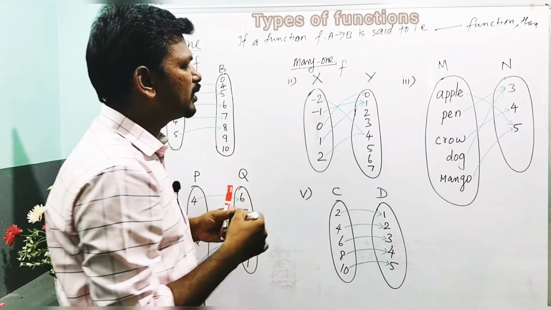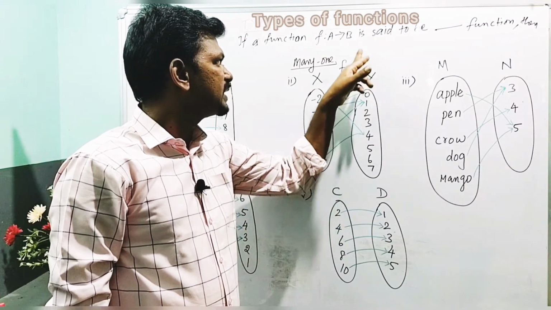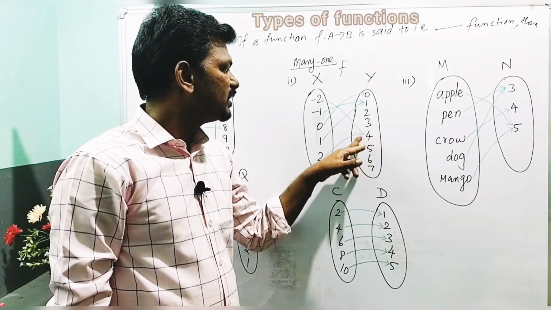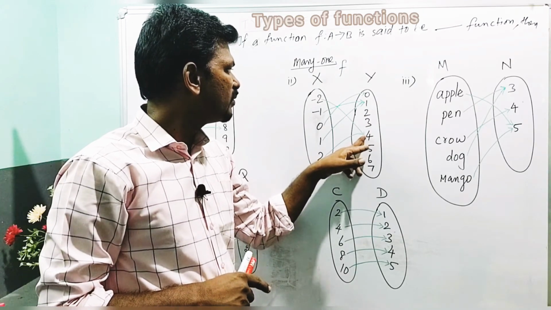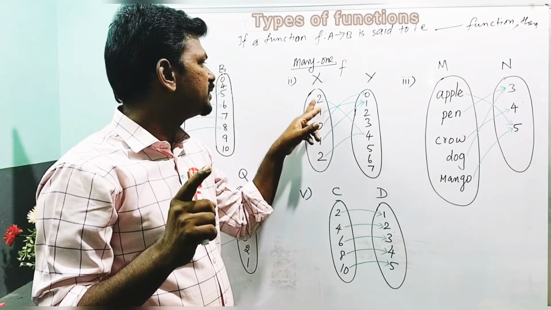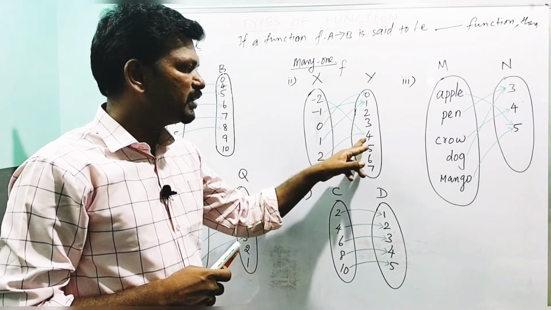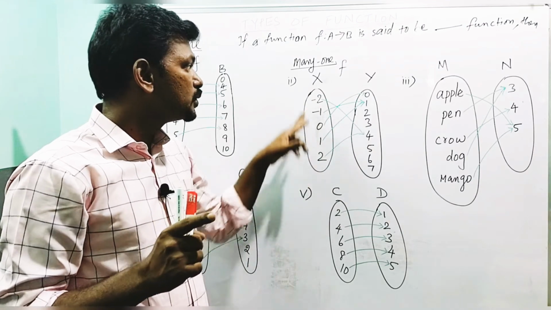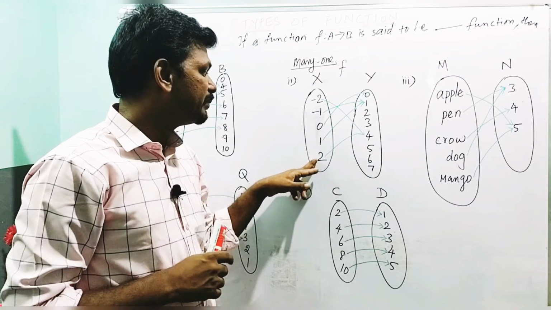Many-one means, in the set B, in the set Y, at least one image will have more than one pre-image.